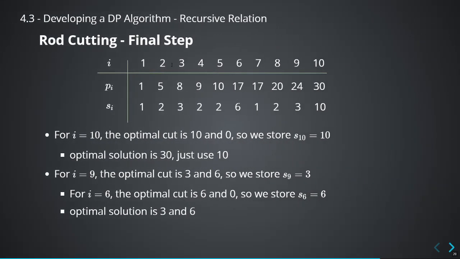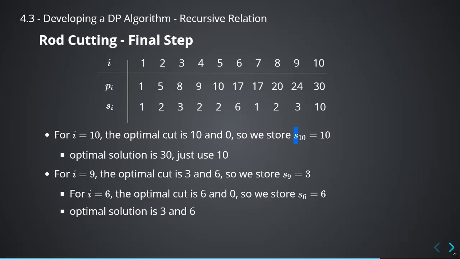So now I have the array of the prices, and I also have an array si that keeps track of the cut that I made. So for i equal to 10, for example, the cut is 10 and 0, as in, I don't make any cuts.